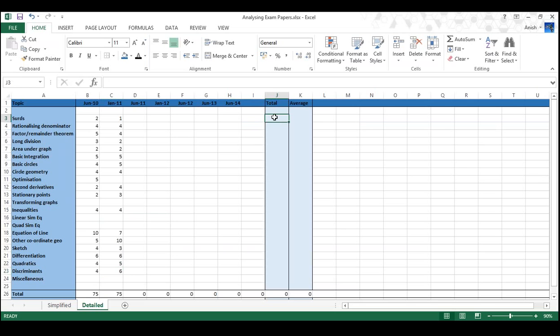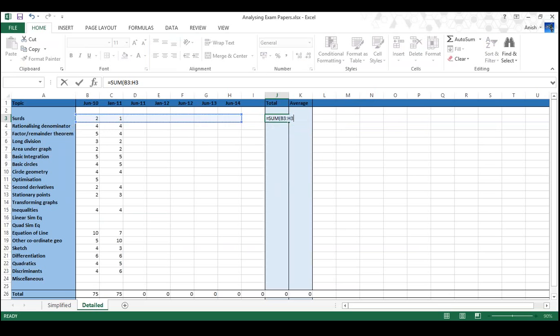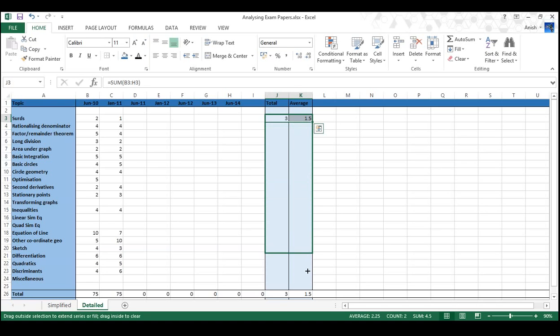Okay, so now let's just total this up. Let's just sort of prepare it for the whole thing. Right, I'm just going to divide the total by 2 for now. So if you do use these formulas, then make sure you change them afterwards.